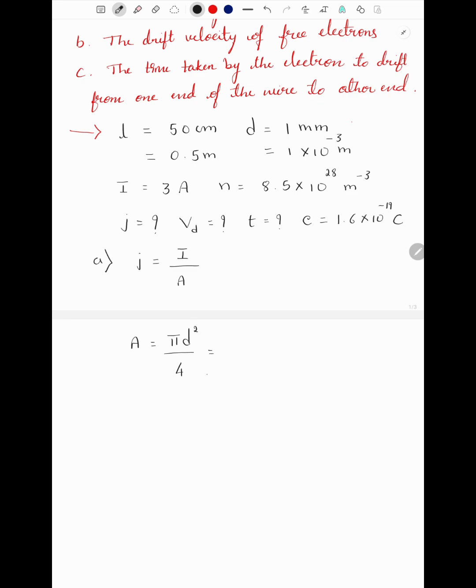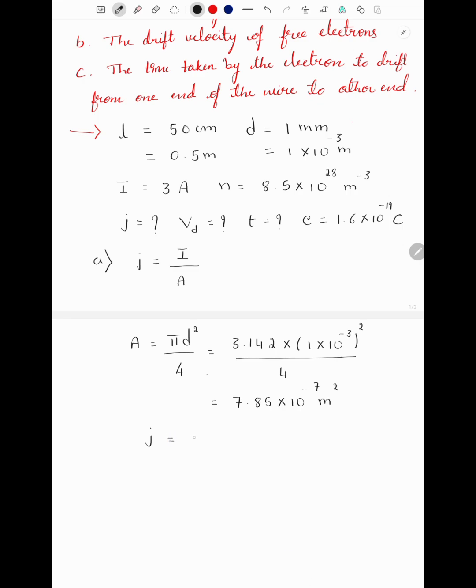Pi is 3.142, D is the diameter 1 into 10 raised to minus 3, whole square, divided by 4. This will be equal to 7.85 into 10 raised to minus 7 meter square. This is the area.